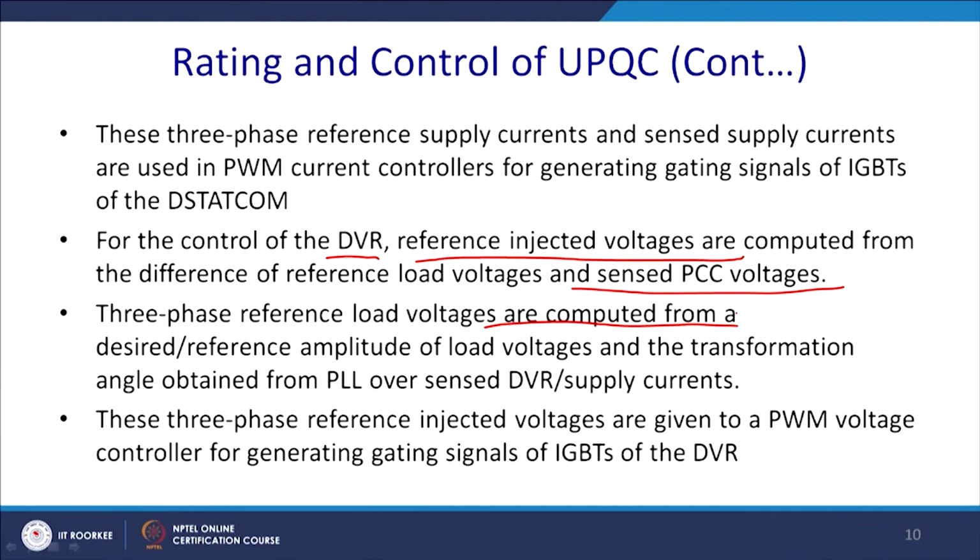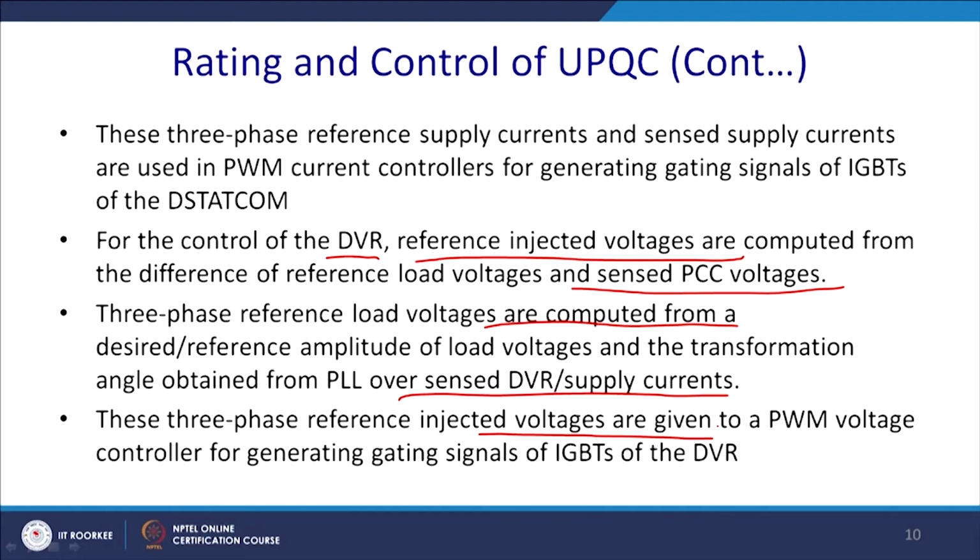The 3-phase reference load voltage is computed from a desired reference amplitude of the load voltage and the transformation angle obtained from the PLL over the sensed PCC supply voltages. These 3-phase reference injected voltages are given to the PWM voltage controller for generating the gating signals of the IGBT of the DVR.